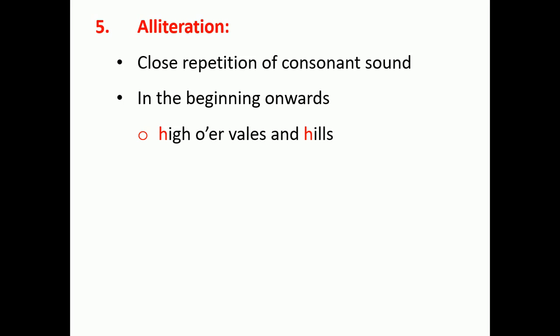Or we can go for another example like continuous as the stars that shine. Stars that shine. Once you go through the textbook, you can see a number of such lines in the poem where there is a close repetition of consonant sounds. So stars that shine, S sound is repeated nearby.